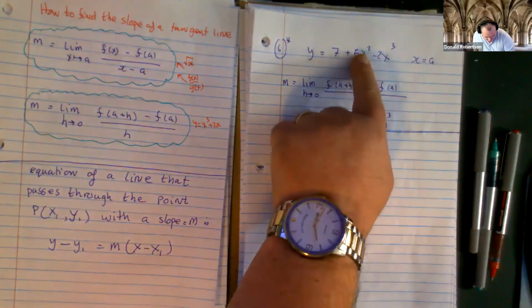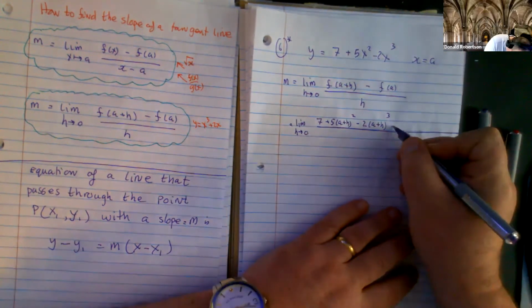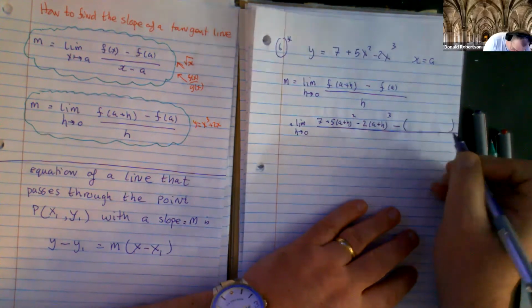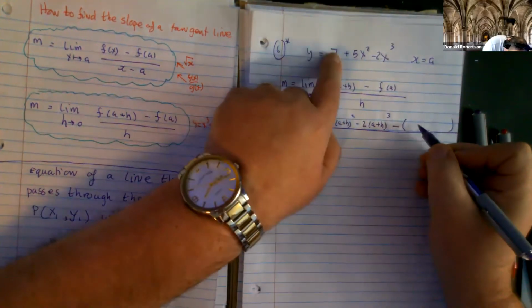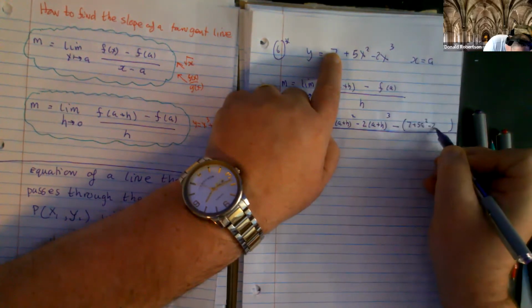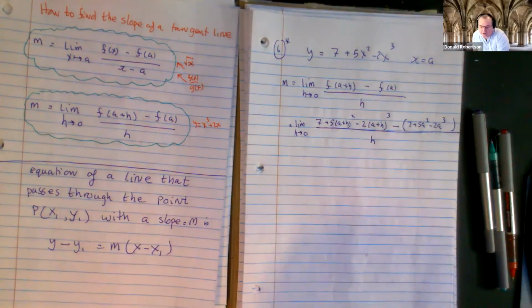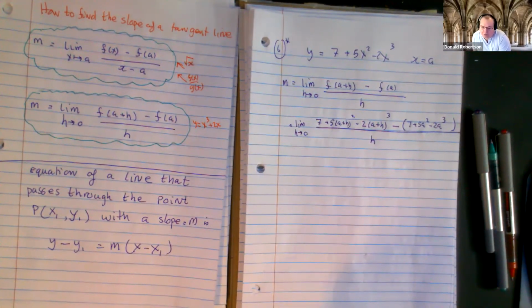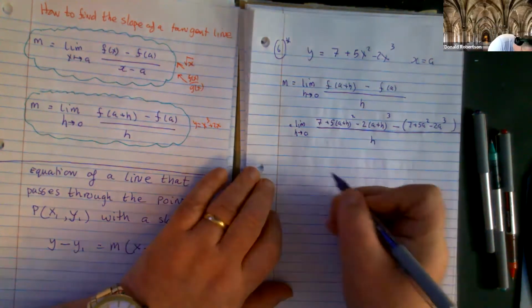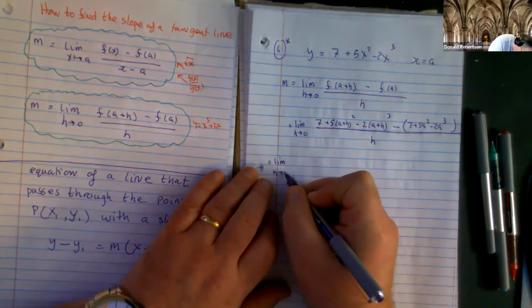Are you comfortable about the x's being replaced by a plus h's? Then you're going to take away, and put it in brackets for safety because you're taking away the whole thing, 7, 5a squared, take away 2a cubed, all over h. I think it's lived up to its promise of being really ugly. Would you agree? That is very, very ugly. It's going to get uglier before it gets better.